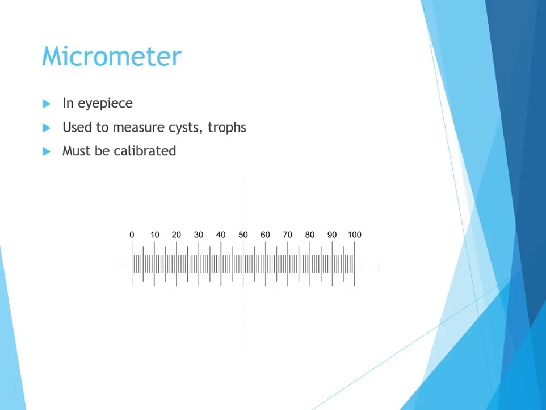Parasites that we look at can be a big range of sizes. Some of them are really small and some of them are really large. So to measure them will help you to identify it. And these have to be calibrated. I think it's annually. The micrometer has to be calibrated.